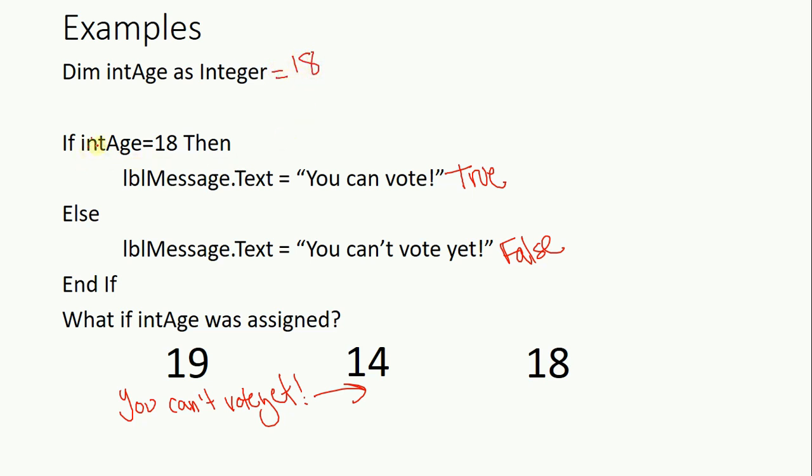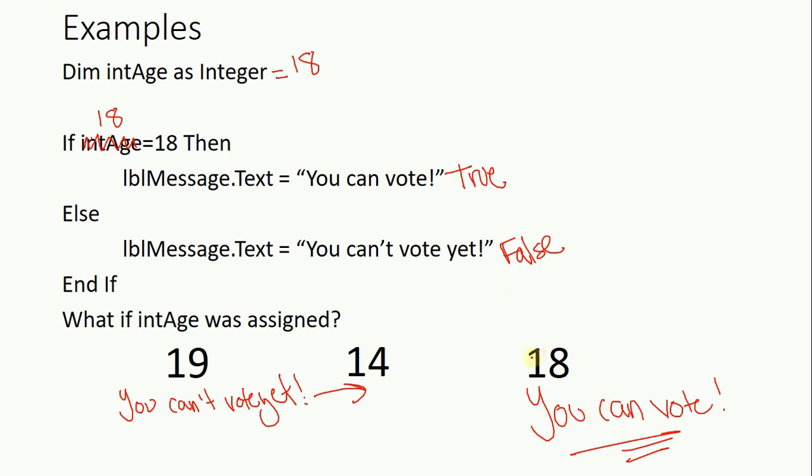So it's going to say, is 18 equal to 18? Yes, indeed it is. So it's not going to run the else statement, just like the last two didn't run the true statement. In this case, it's just going to say, you can vote.